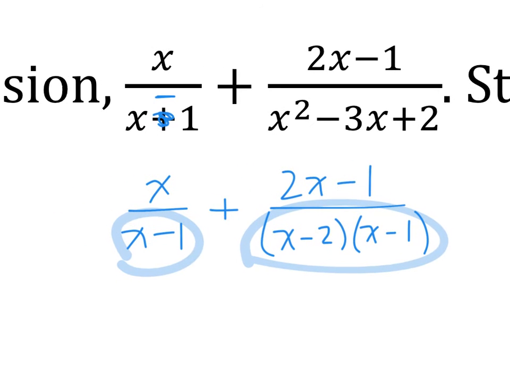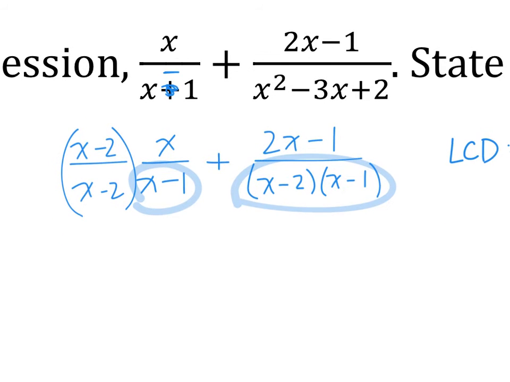That's the least common denominator. So this term on the left does not have this least common denominator. What do we need to multiply so it also has the same denominator? Okay, x minus 2. Now we are going to distribute and then add them together. We almost never distribute the denominator, so just leave the denominator in factored form. In the numerator, we're going to distribute.